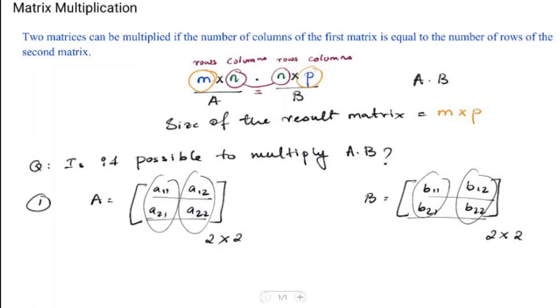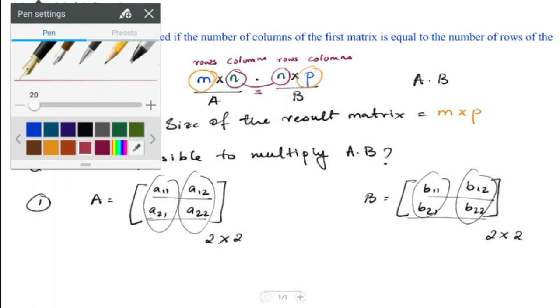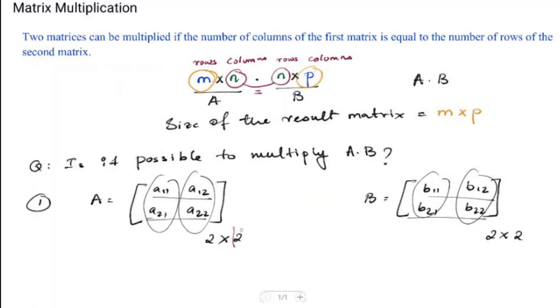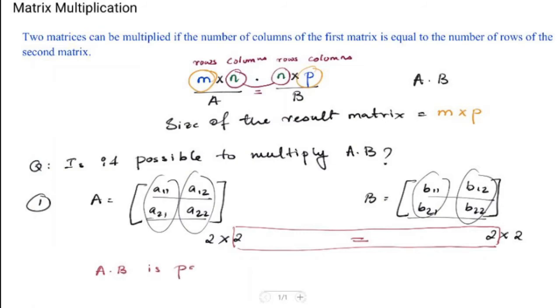So what we check now is whether these two numbers here are equal. Maybe I'll do it with another color so it's more visible and clear to understand. So are these two equal? Yes, they are equal. So in that case, this matrix multiplication is possible. So you can say here A dot B is possible.